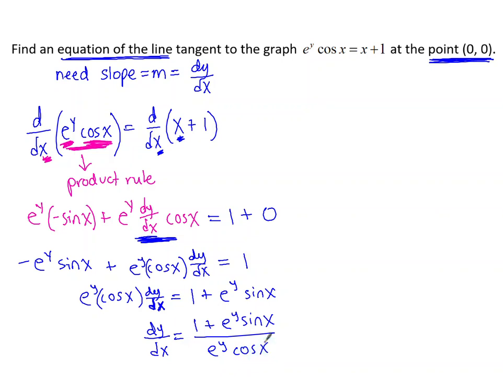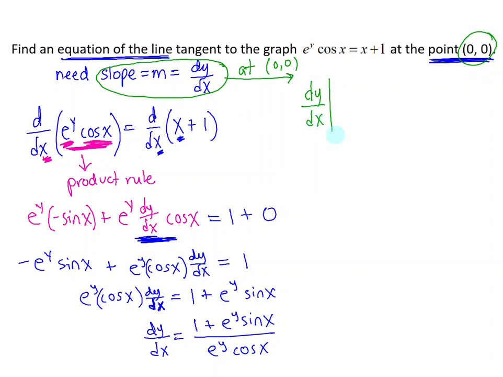Now remember, my whole reason for finding dy/dx is I needed the slope. This is the slope, but it's at all (x, y) points. I want the slope at that point of tangency, (0, 0). So we are going to find dy/dx at the point (0, 0).